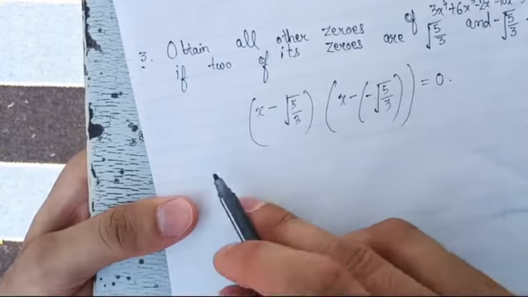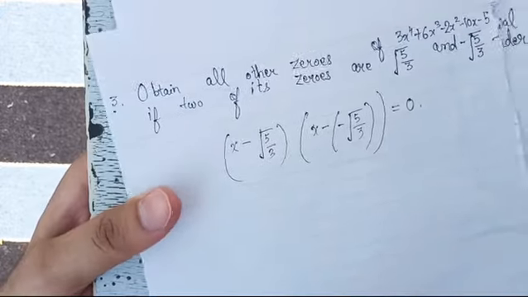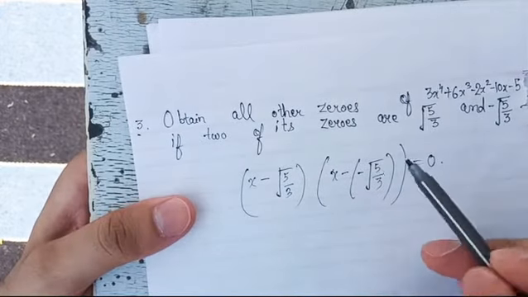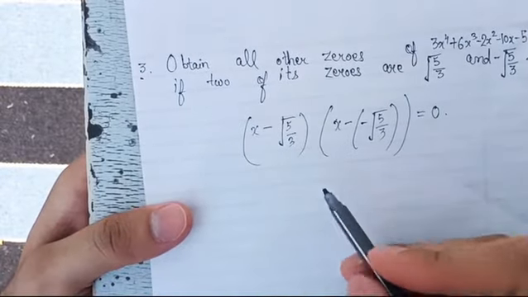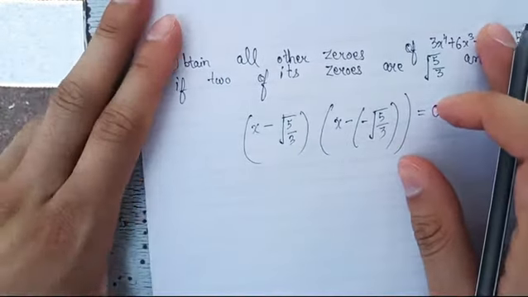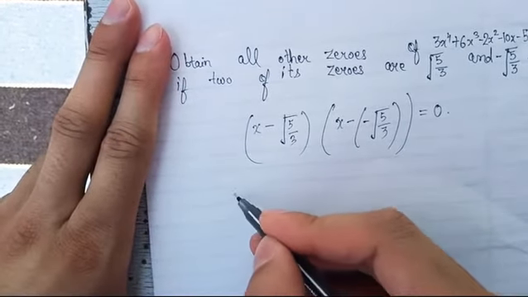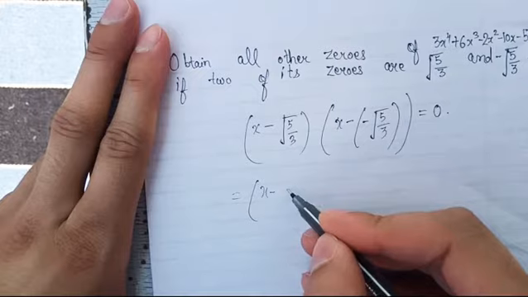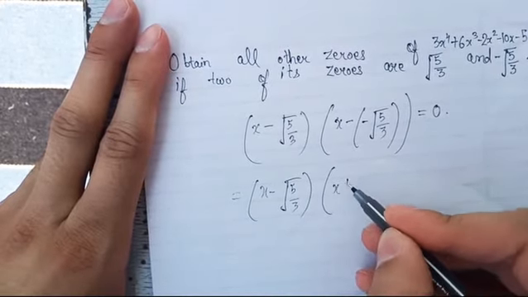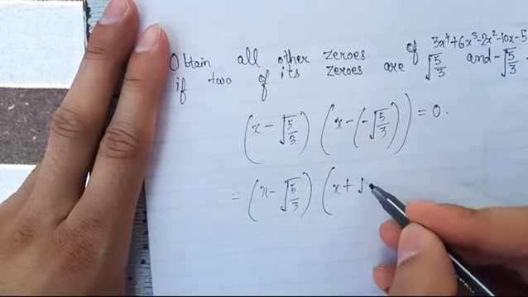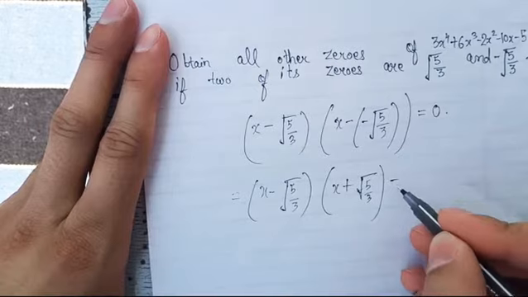Why have I done this? Because to obtain an equation with the help of these zeros, we have to follow this step. So it will be written as x minus root 5 upon 3 multiplied with x plus root 5 upon 3, and it is equal to 0.